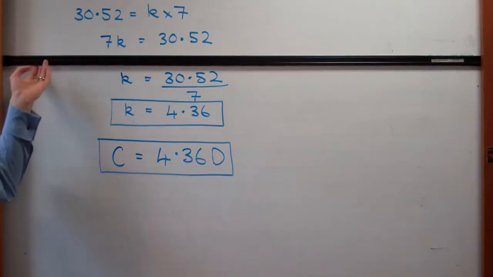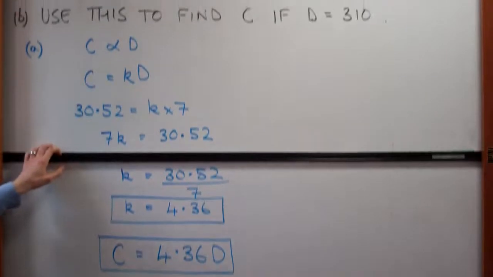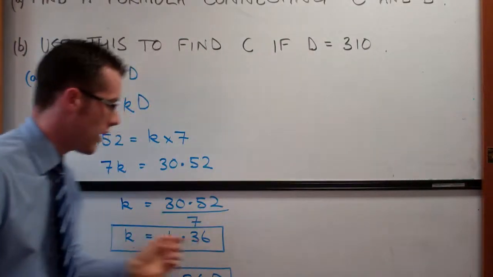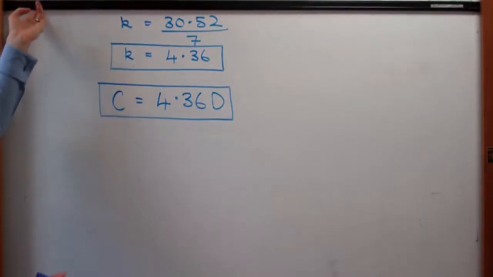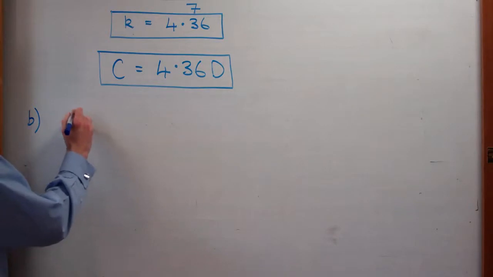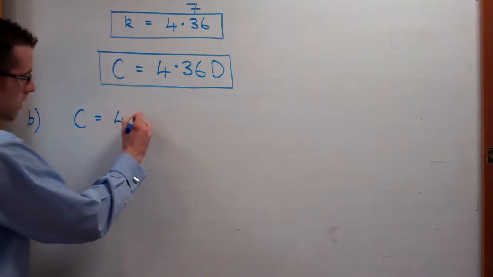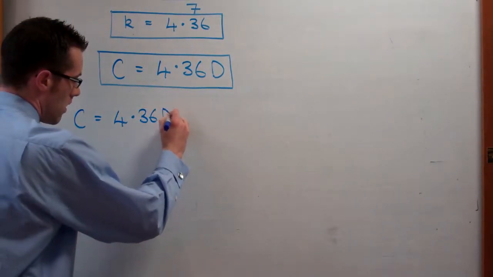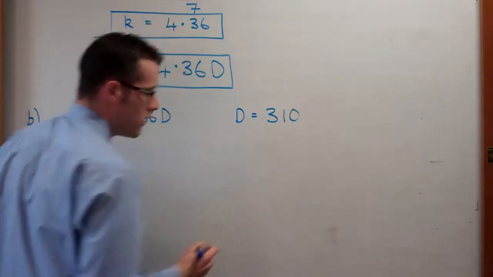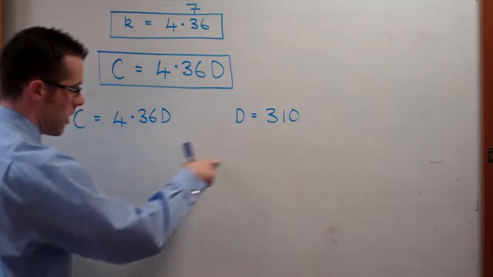Now, part B asks us, if we scroll back to that, use this to find C if D equals 310. So it's just substitution now. So all we have to do is we start with our formula. And we know that D equals 310. So we just substitute that value in here.